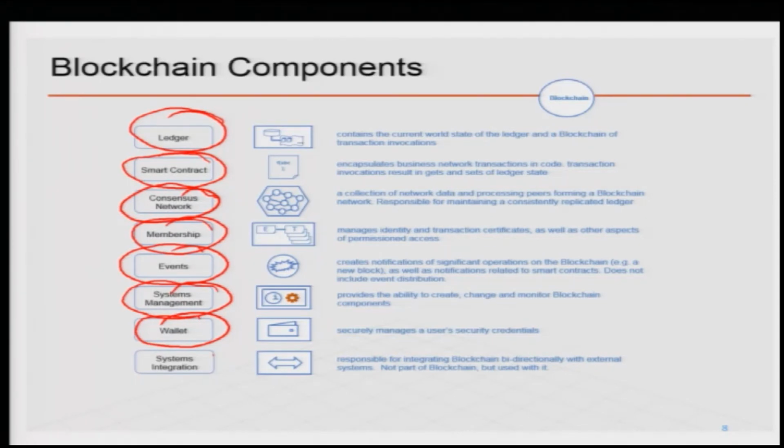And then systems integration is the integration with external systems, legacy systems that are not participating directly in the blockchain. So in a blockchain like Hyperledger, these are the components, with very well defined and different roles and responsibilities, which is quite different from the blockchains that we have seen so far.